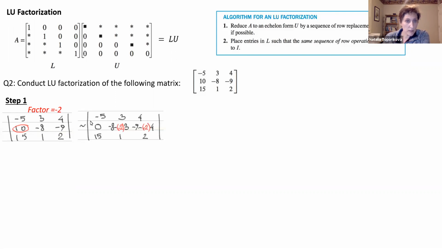So to get the 0 in the first entry of the second row, we take every single element of this row and subtract the first, second, and third elements of the first row multiplied by our factor -2. For example, for the second element of the second row, we subtract our multiplication factor -2 multiplied by the appropriate element of the first row, 3.